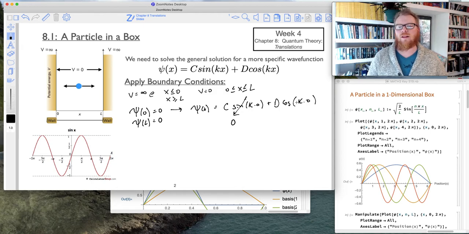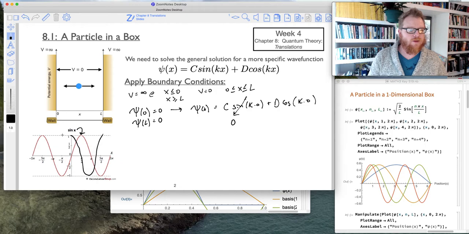Well, what about the cosine at 0? Recall that this is sine of x, so cosine of x is shifted 90 degrees, so it looks like this for my cosine. And now we can see the cosine at x equals 0 is 1.